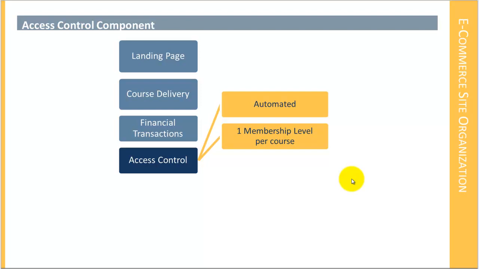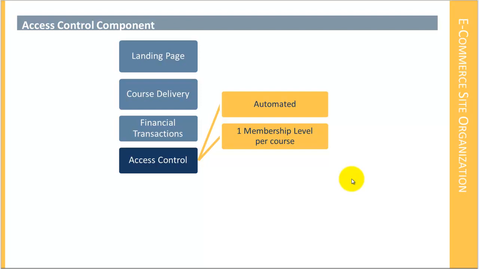Well, in this system, that's not the way it's going to be. We're going to have several courses, and each course is going to have its own membership level. When a person purchases access to that course, that purchase only gives them access to that specific course, or grants them a membership in that specific membership level.